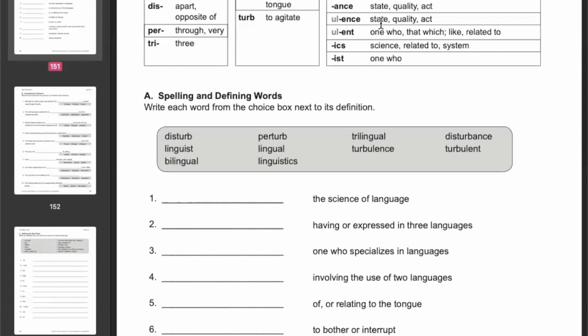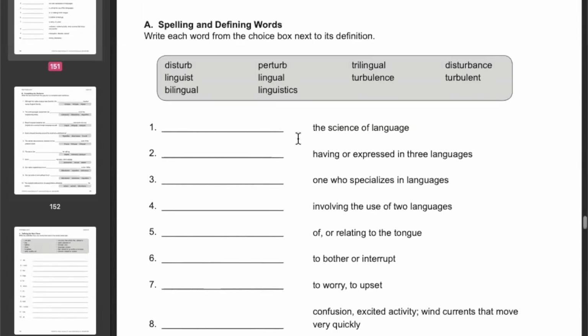And then for suffixes: al, ance, ence, ent, ic, and ist. So let's go through the words very quickly again to remind ourselves of them. I think we did make it through these, so we'll move on. Disturb, linguist, bilingual, perturb, lingual, linguistics, trilingual, turbulence, disturbance, and turbulent.